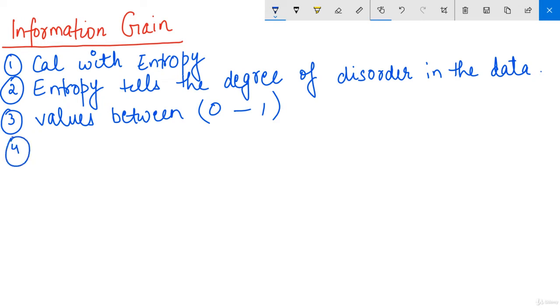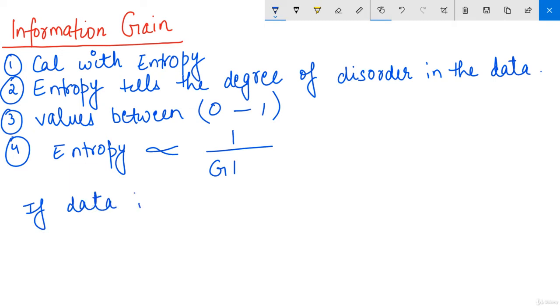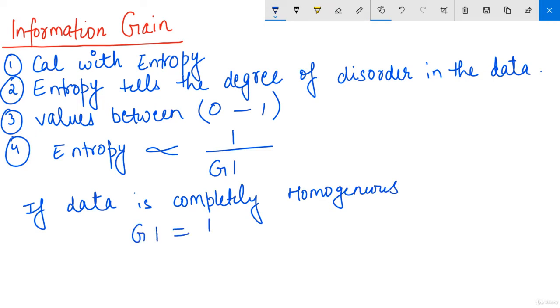What I'm trying to say is that entropy is inversely proportional to your Gini index, that is, if the data is completely homogeneous, then your Gini index will be 1, as I have explained in my previous lecture.